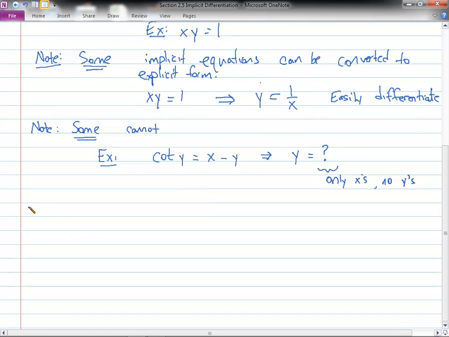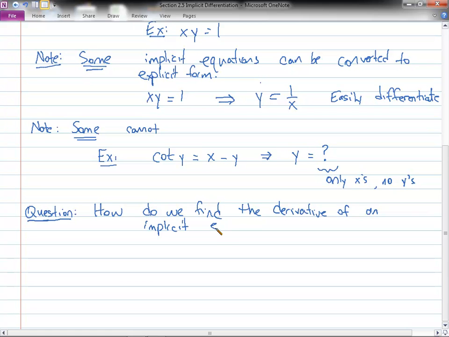Okay? So the essential question right now, and what motivates this section, is how do we find the derivative of an implicit equation?